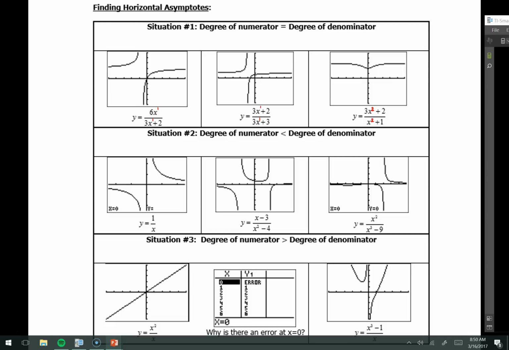So the degrees are equal to one another, and that's going to tell us that our asymptote is going to be at y is equal to the lead coefficient of the numerator divided by the lead coefficient of the denominator. And this will give us the horizontal asymptote.